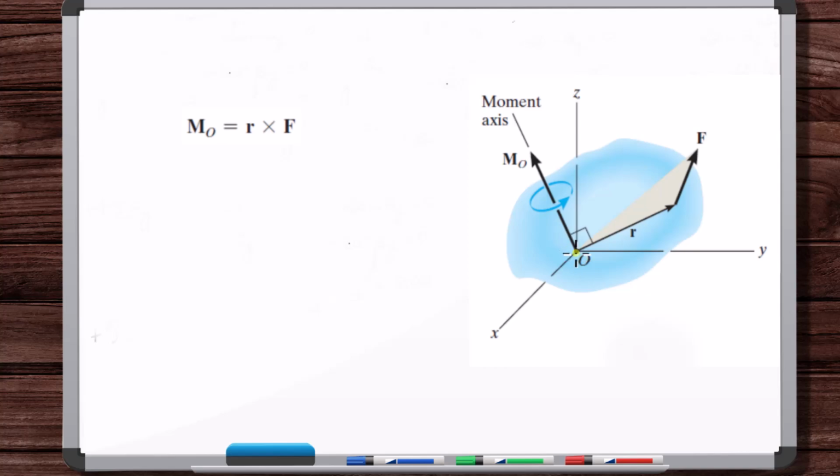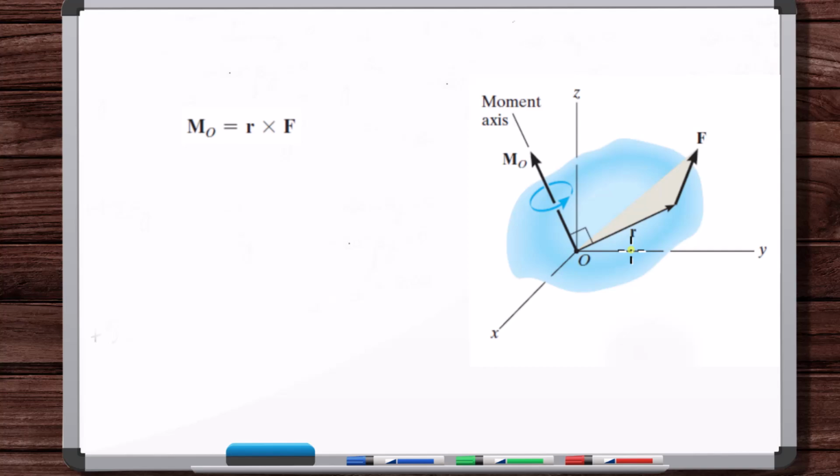The nature of the cross product is that the resulting vector is going to be perpendicular to the plane that contains R, the moment arm, and the force vector. So that's why your moment arm is perpendicular to both the moment axis and the line of action of the force. That's perfect. That's the exact definition that we want.